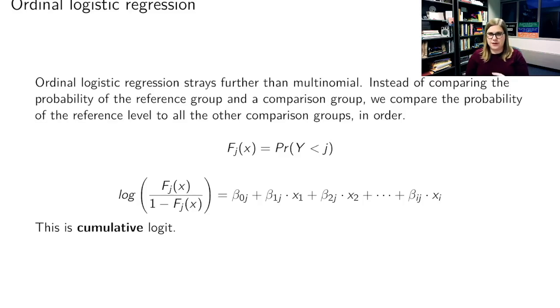So less than having chemical diabetes, less than having overt diabetes. And then we're going to look at the logit for that probability of being less than a certain level of that categorical variable. This is called a cumulative logit because you're going to look sort of cumulatively, everything that's below a certain level.